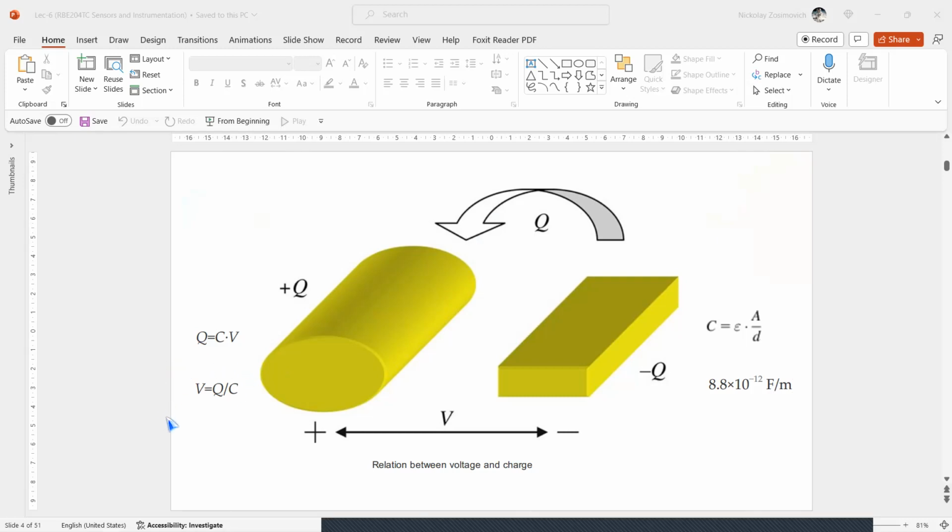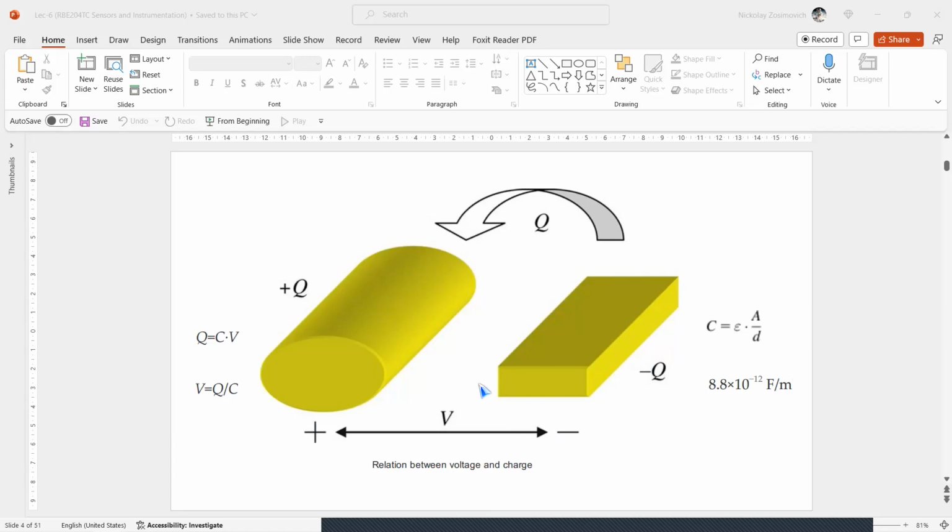In practice, we have a set of conductors instead of just one conductor. When a charge Q is transferred from one conductor to another, the result is a voltage difference. Voltage difference V equals simply Q over C. So the conductors are oppositely charged with plus Q and minus Q, respectively.